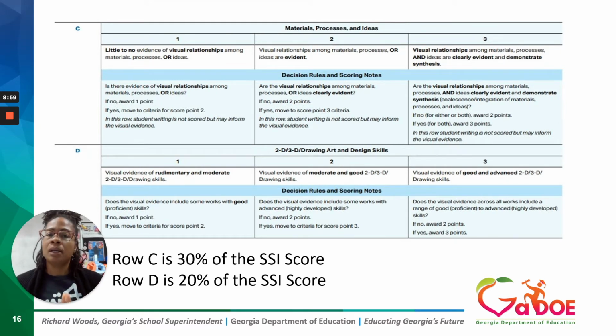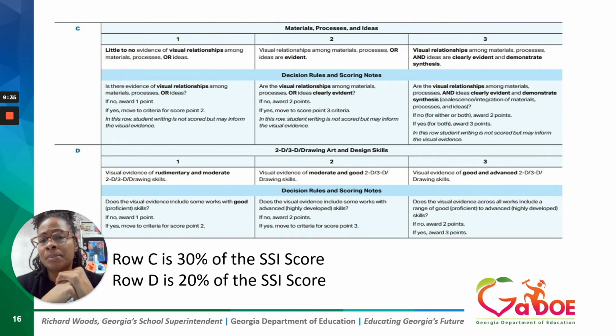So they show it, but they are not showing the synthesis, which is awarded at score point 3. So visual relationships among materials, process, and ideas are clearly evident and demonstrate synthesis. So is the student talking about maybe some of the things that they did to document their weekend, or how are they showing it? So maybe they have some receipts that they saved to document that. That would be one idea to show synthesis.